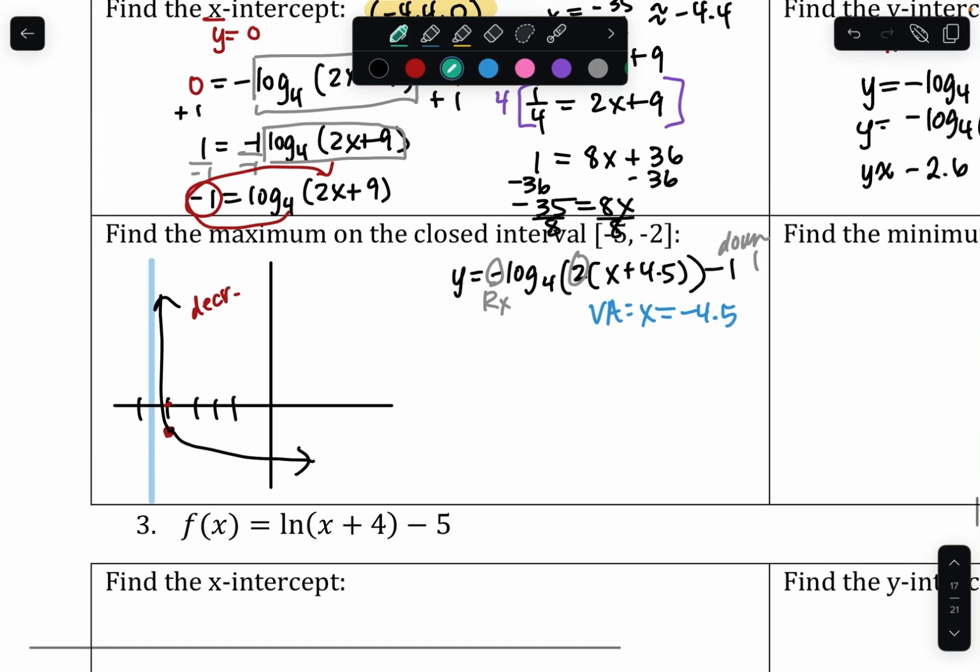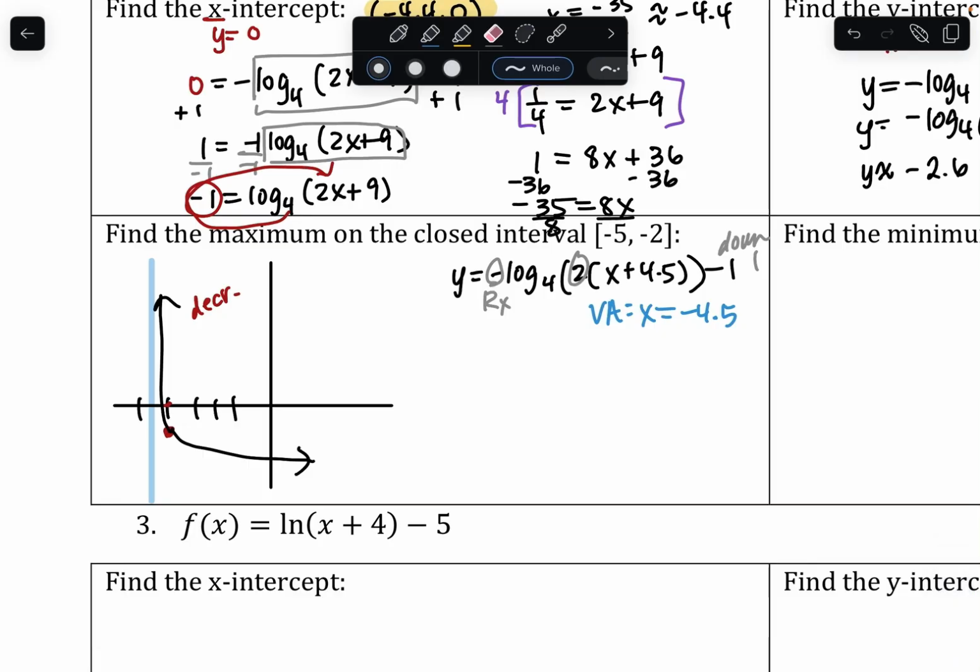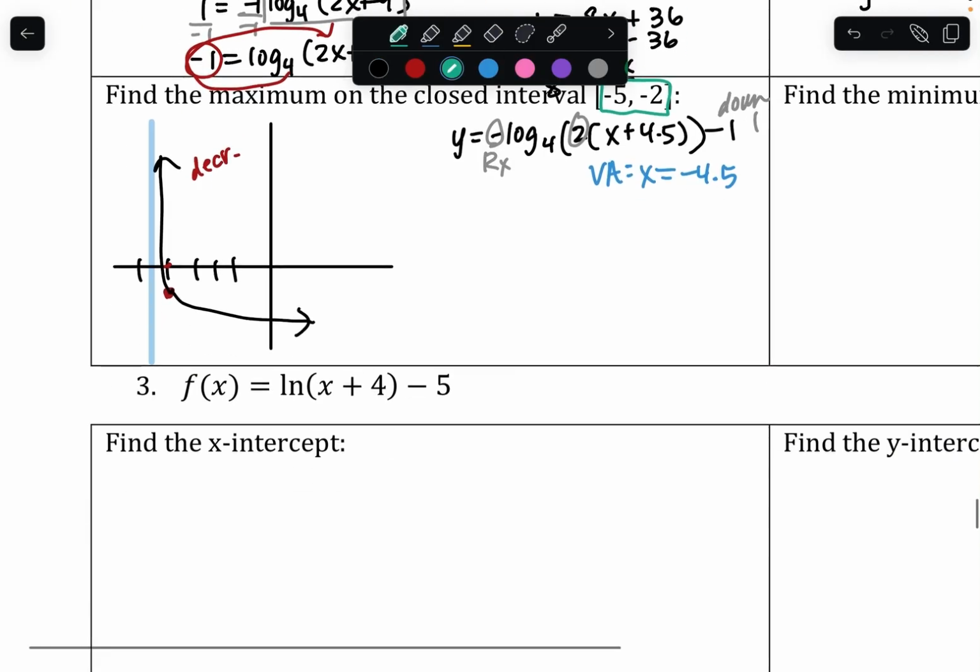And now for our interval, we have negative 5 to negative 2. Once again, our asymptote falls on the interval. And so we are approaching positive infinity.